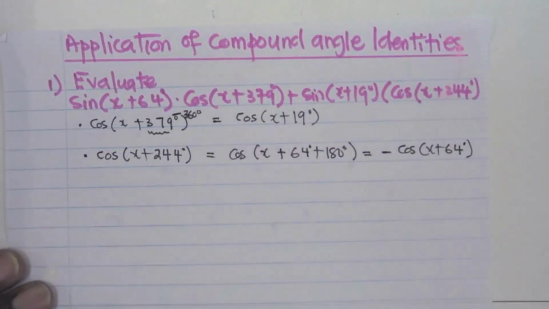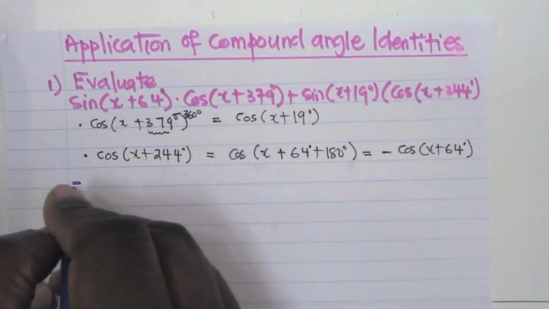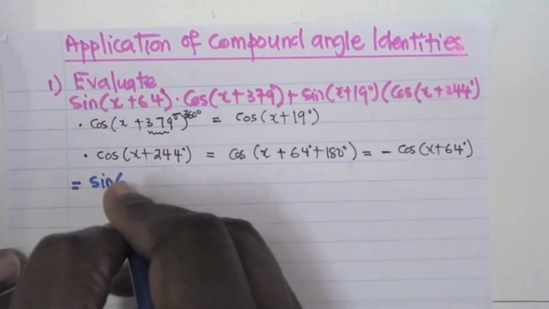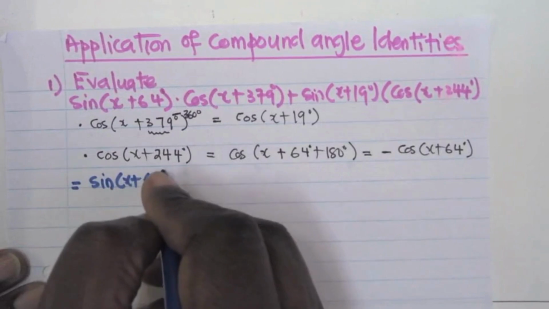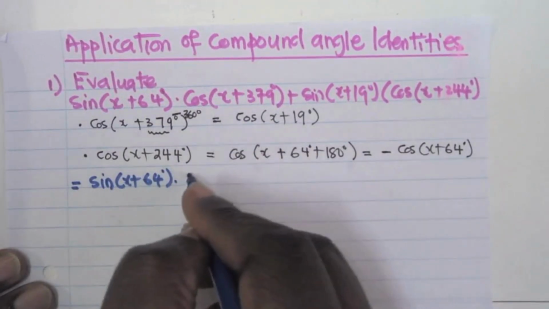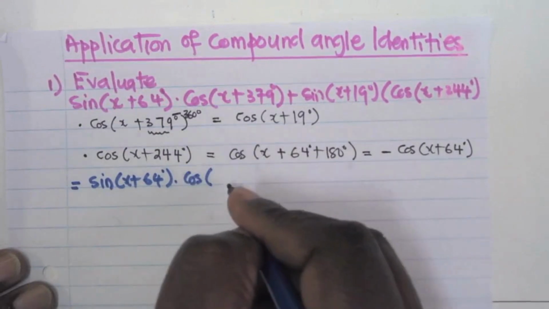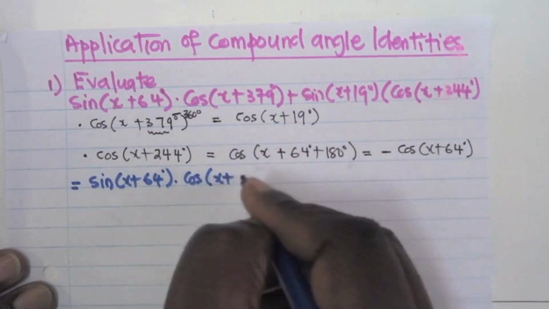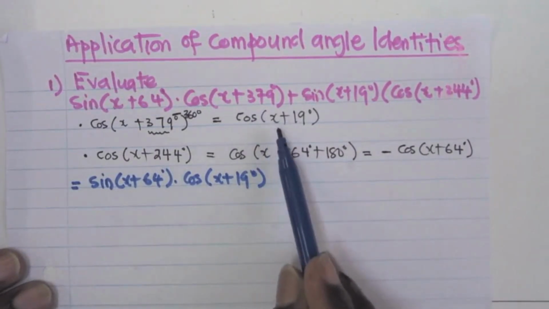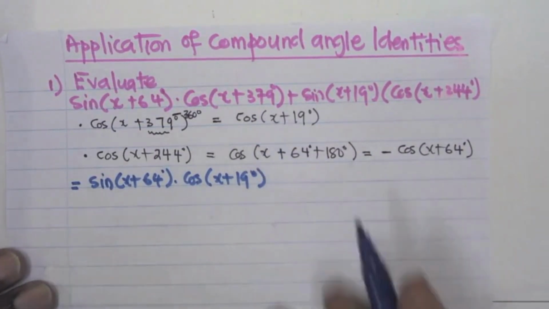I can now proceed to do the substitution. The first part stays the same, sin(x + 64 degrees) times cos(x + 19 degrees). That is the answer that I got when I did reduction there.